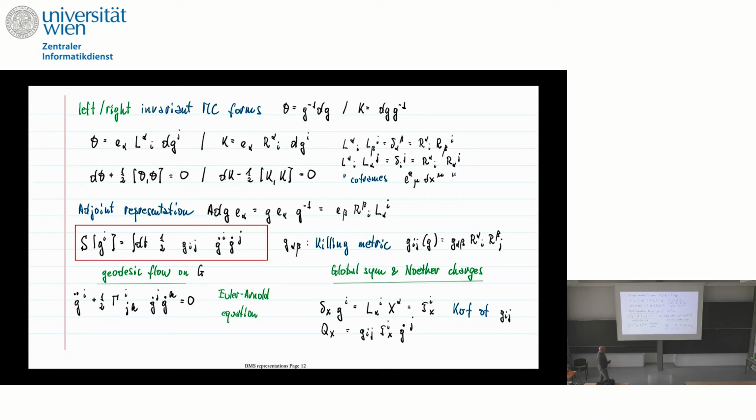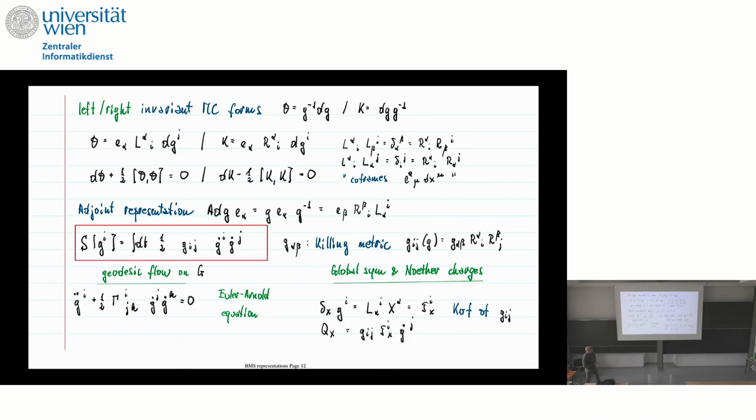And once you have written the action, of course, you do not have to work anymore, because then you know without doing the computation what the equations of motion of the effective action are. The equations of motion for that, as you learn in either GR or classical mechanics courses, are the geodesic equation where the Christoffels are determined by this Gij.